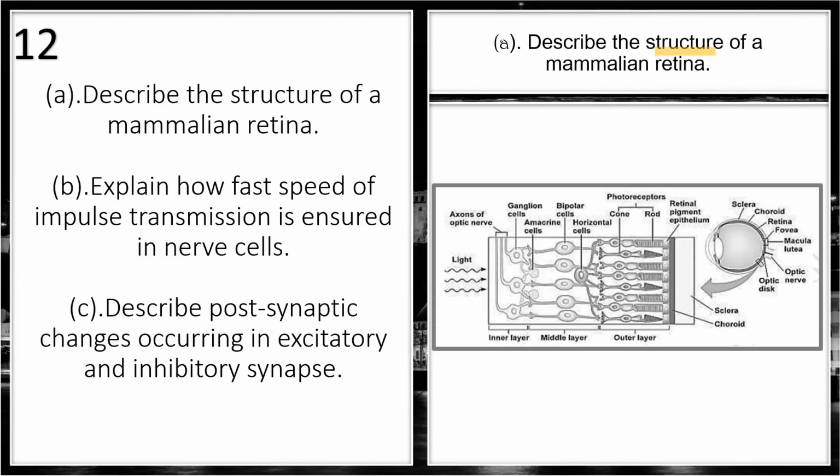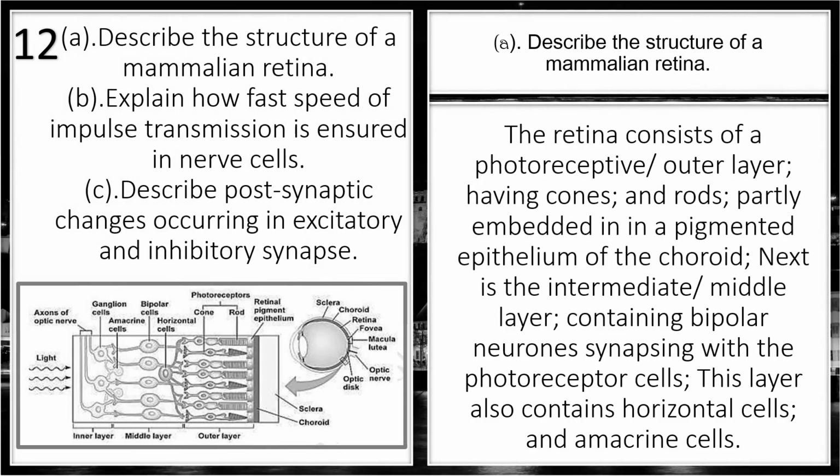Describe the structure of the mammalian retina. The retina consists of the photoreceptor, or what we call the outer layer. This one having the cones and the rods, which are partly embedded in a pigmented epithelium of the choroid.